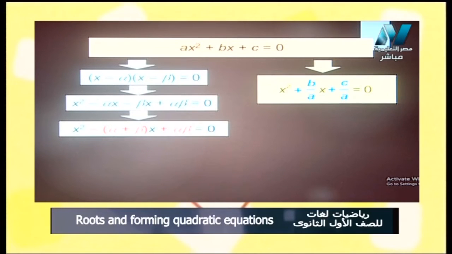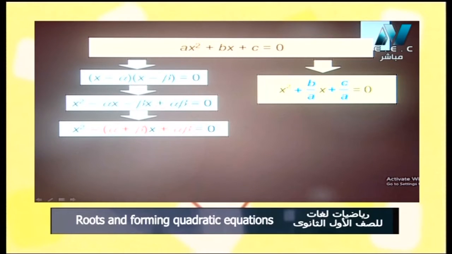Okay, by comparing this, we have here x power 2, here x power 2, and here x power 2. And we have here the coefficient of x is b over a, and here the coefficient of x equals negative alpha plus beta, which is the negative of the sum of the two roots.